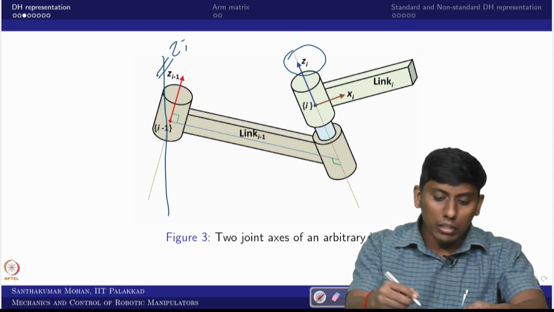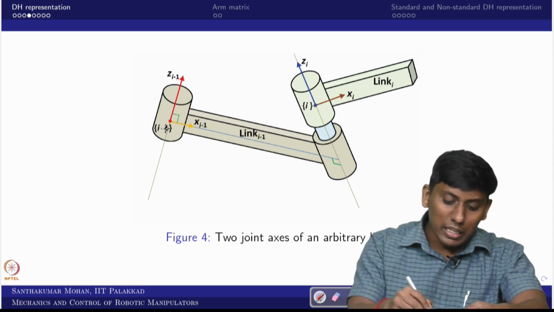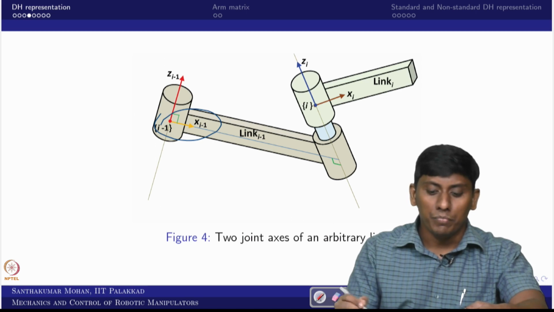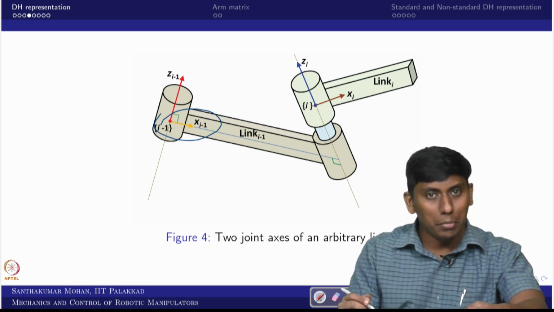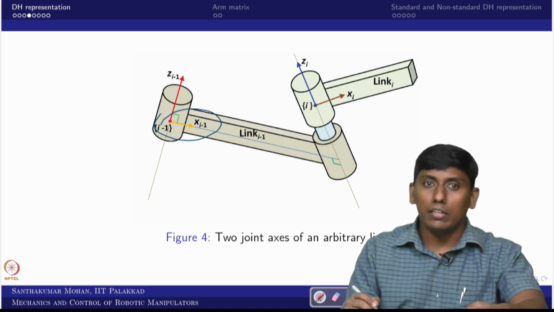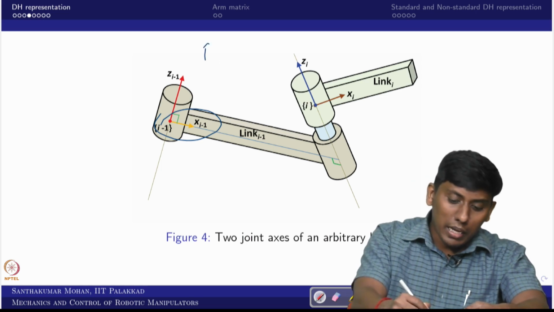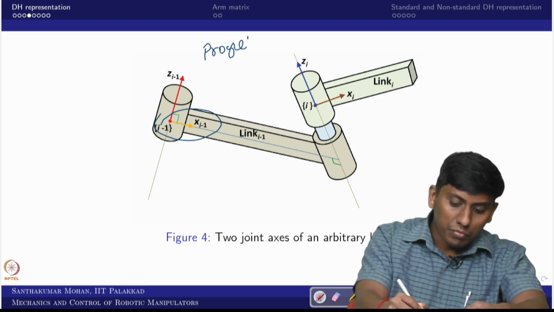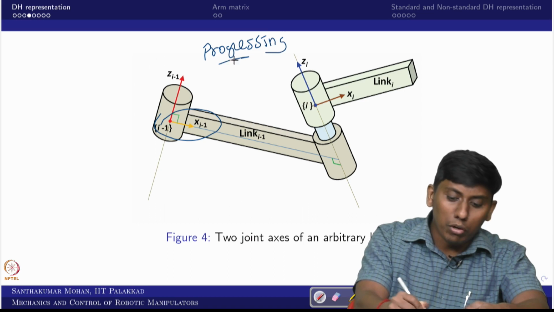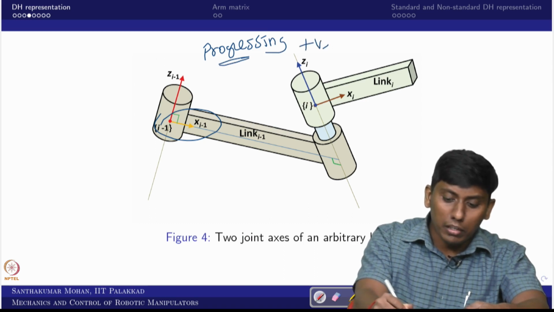Now that is what we are trying to do. You can see that we have fixed Xi minus 1, which is along the common normal, and the progressing direction we call the positive direction of Xi minus 1.